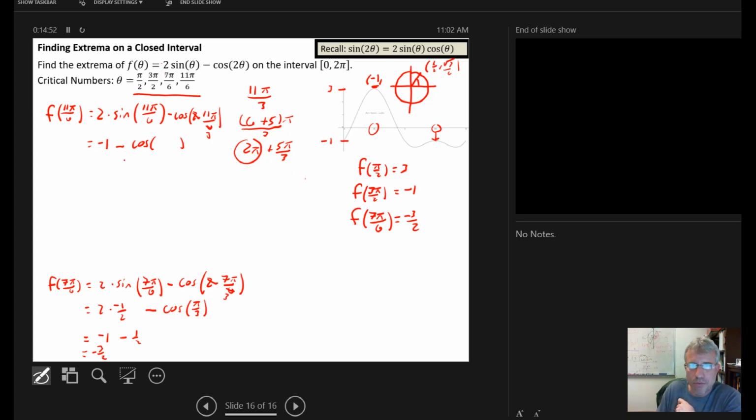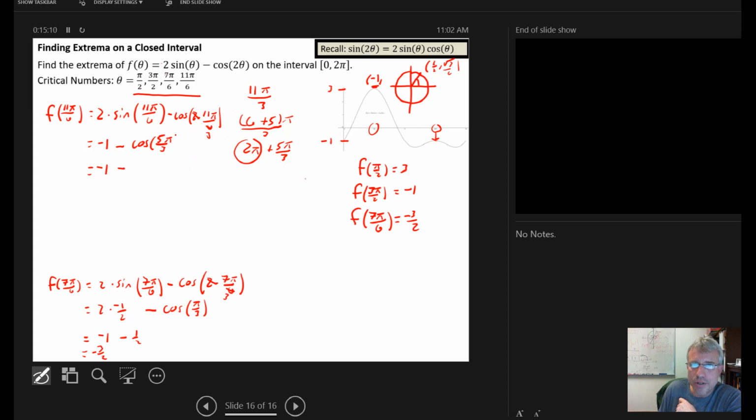So this right here is going to be the same as -1 minus the cosine of 11 pi over 3, which is coterminal with 5 pi over 3.